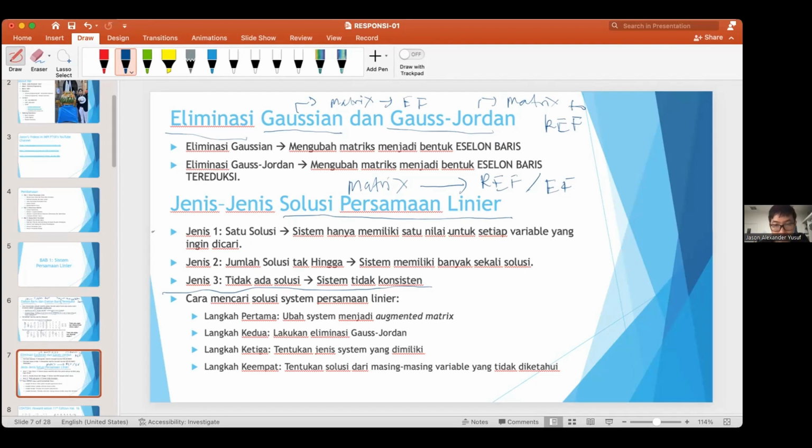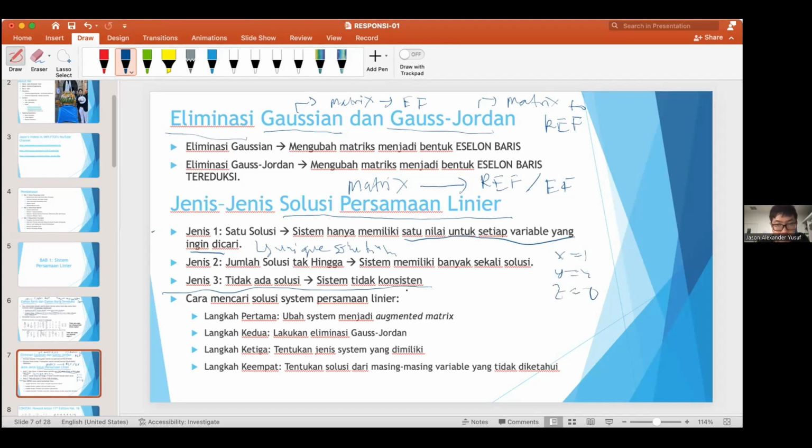The first one is that the system has what we call a unique solution, meaning every variable only has one value. So for example, x is equal to 1, y equals to 2, z equals to 0, or something like that.